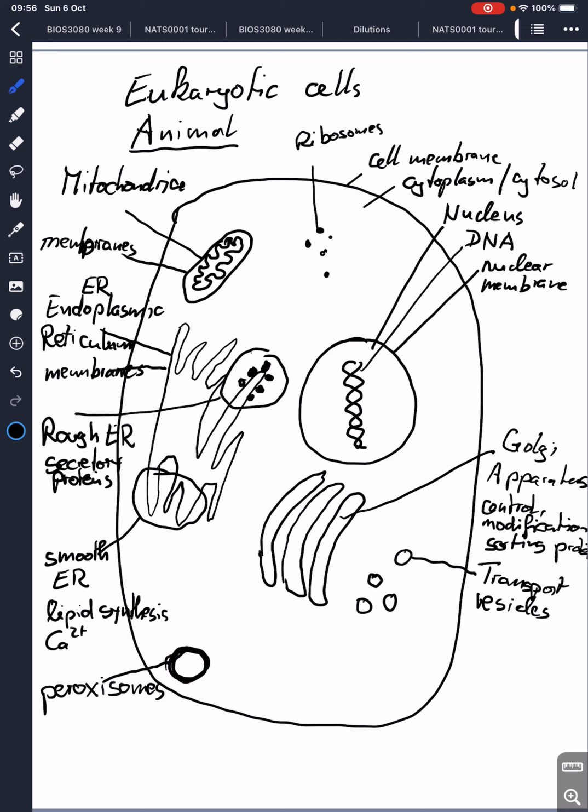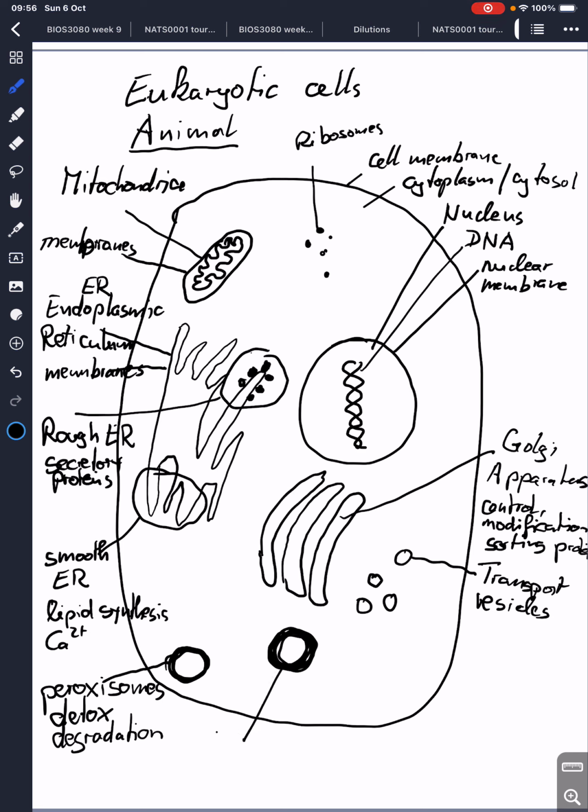Peroxisomes are typically involved in the degradation of some proteins or cellular components, and detoxification and degradation. So there are some specialized biochemical processes that are happening in these peroxisomes, mainly responsible for the degradation of waste products. However, there are other vesicles like that.